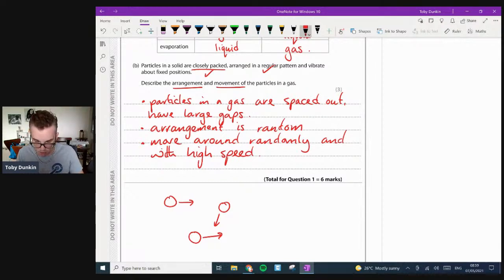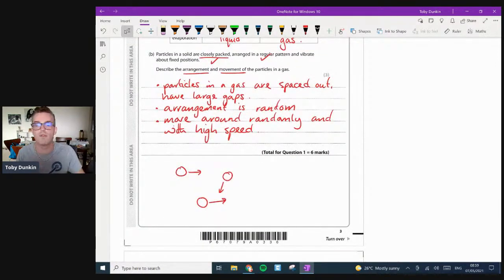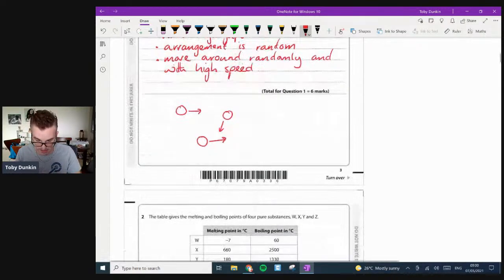So at this point, we're wanting to say that these are moving around quickly and with high speed. If they just asked to comment on the energy in the particles, we would say they have high energy. So I'm going through each one and very carefully ticking off all their boxes. It's going to be a very interesting one to see on the mark scheme.